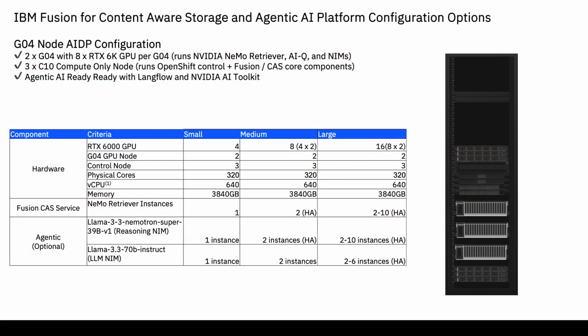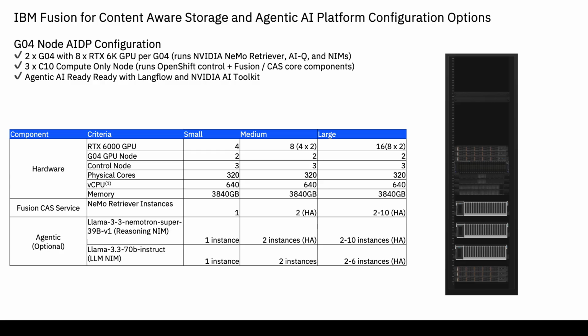I can also then, if I want to use the optional Agentic AI piece, we've engineered it and optimized it so that you can run the Nemotron reasoning model and a Llama 3.3 model as well. So then you can scale this out moving forward if I want to get higher levels of ingest, or I want to run more agentic applications and I want to grow my environment in that aspect. I can simply go to these different sizes, and these sizes are not fixed.